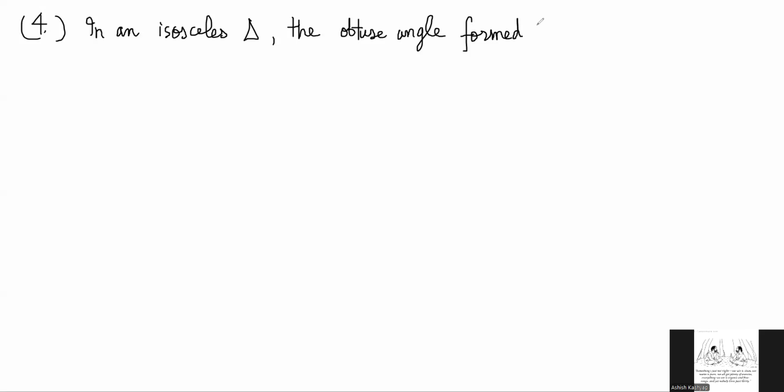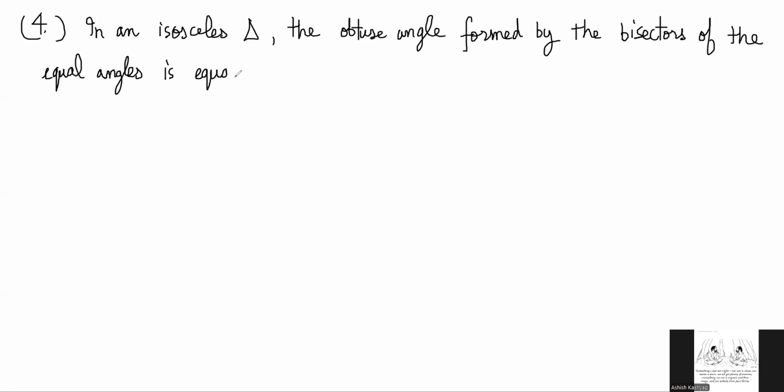Okay. Fourth one. In an isosceles triangle, the obtuse angle formed by the bisectors of the equal angles is equal to 5 times the third angle.